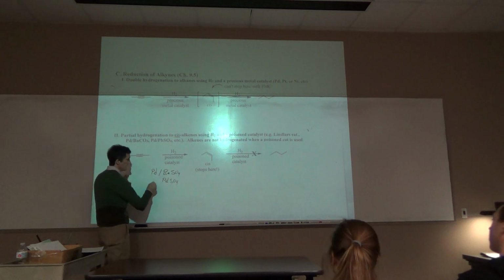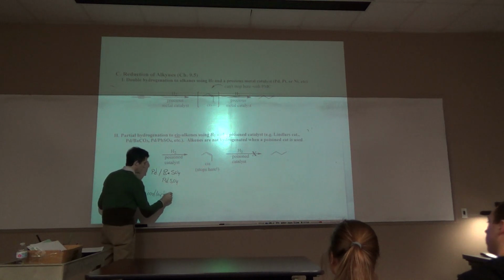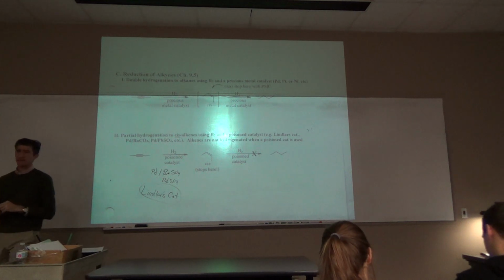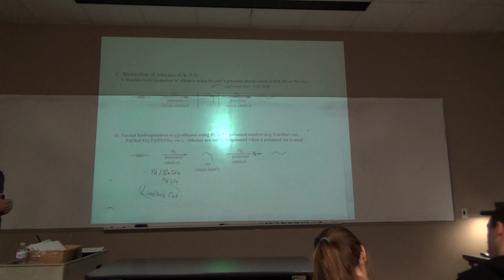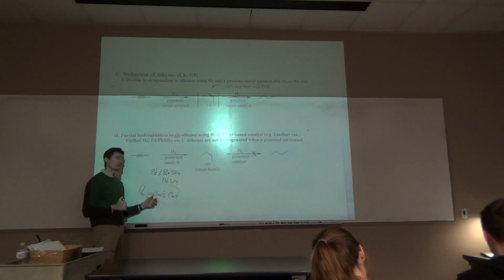In the end, one of these mixtures of three things is called Lindlar's catalyst. Whenever you see Lindlar's catalyst, it's the most common example of a poisoned catalyst. Probably palladium and one of these salts, and probably also quinoline.